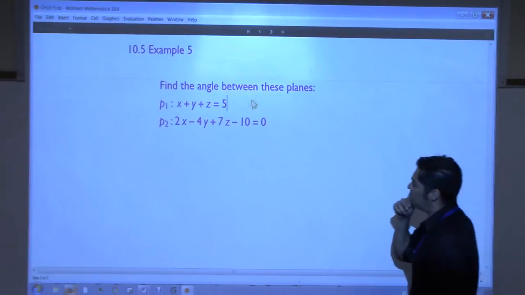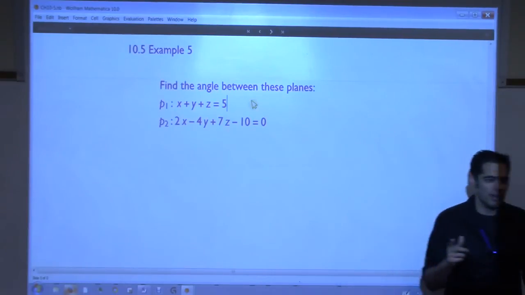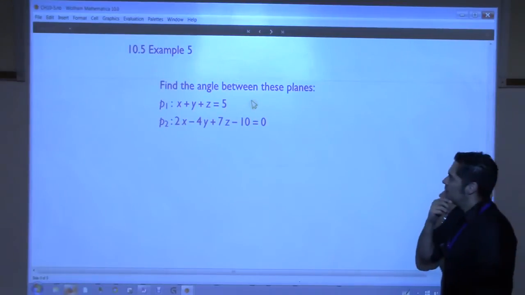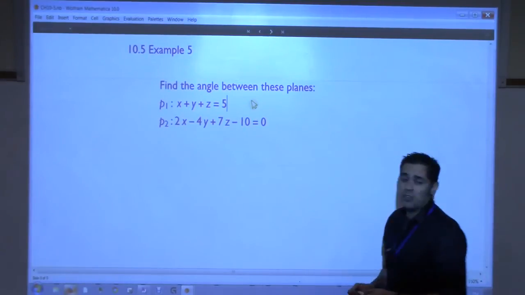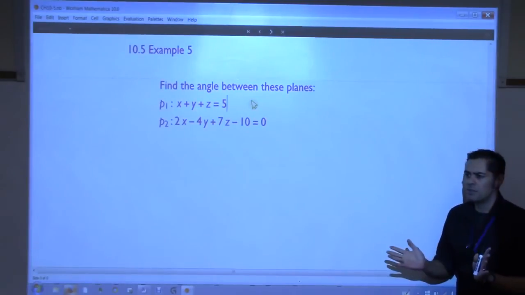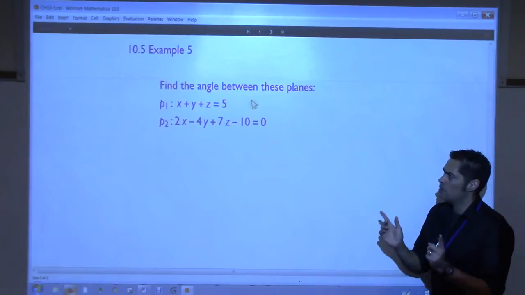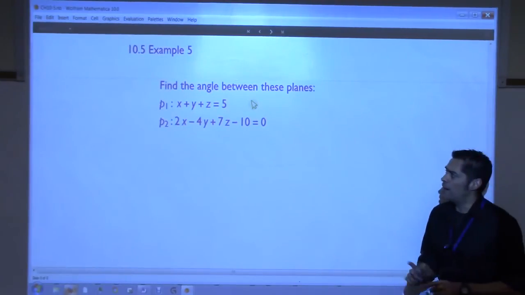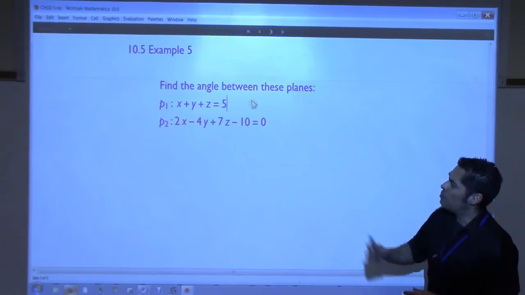This is what we ended class with, right? And I turned it into a quiz, and that didn't work out so hot, so we turned it into a bonus. So how do you find the angle between two planes? You have to find the normal vectors for each of these planes. How do you find the normal vector of a plane equation like that?